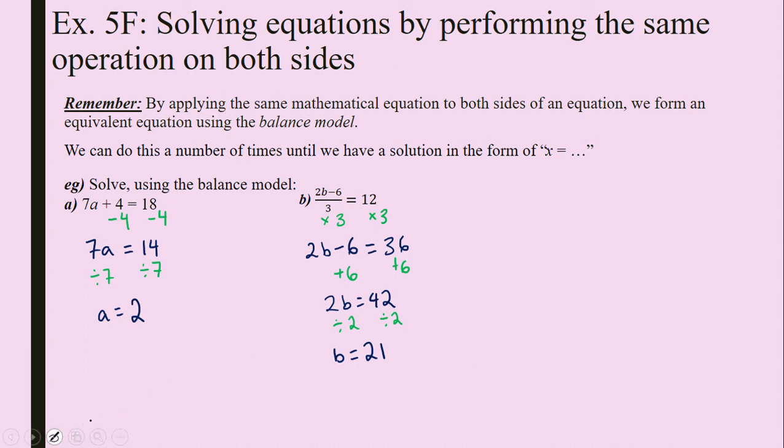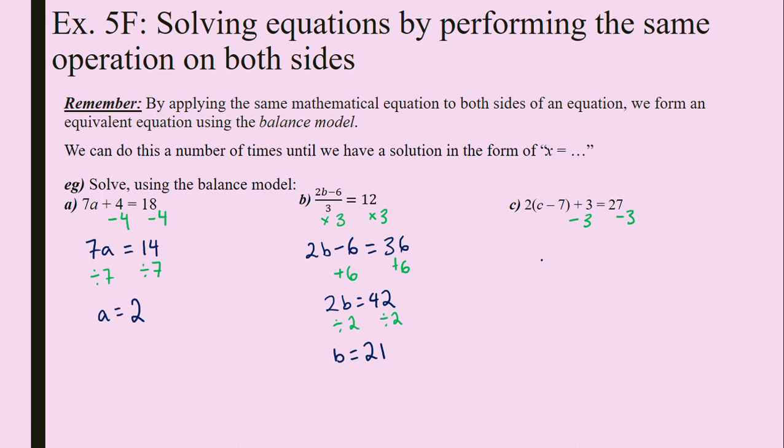Let's try one more. This time we have 2 bracket c minus 7 close brackets plus 3 equals 27. So the first thing we do to the c is subtract 7 and then we multiply that by 2 before adding 3. The last step there is to add 3, so that's the first thing we will reverse to get an equivalent equation.